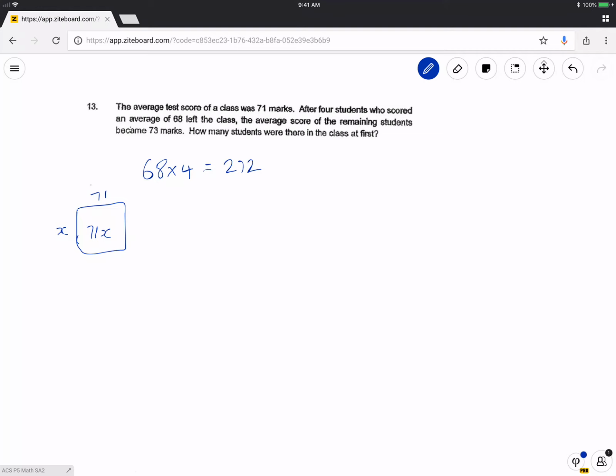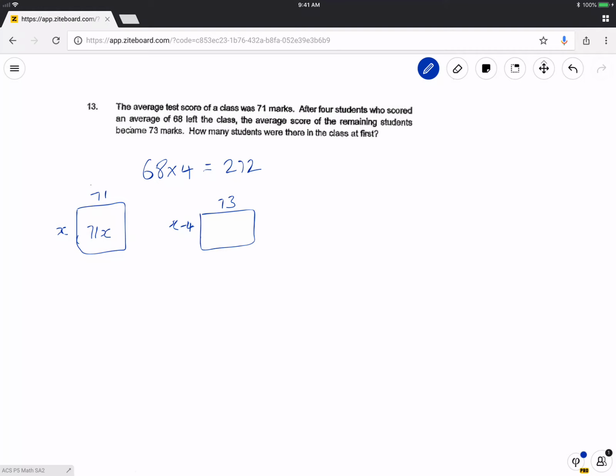So the number of people became shorter, x minus 4, and the average is now 73. So what is the area of this rectangle with x minus 4 and 73?